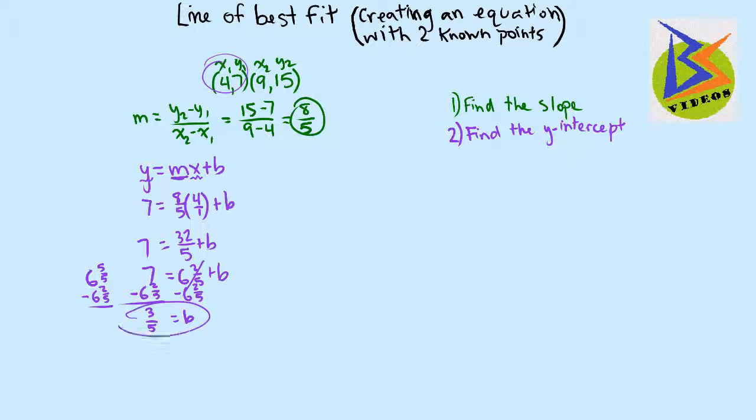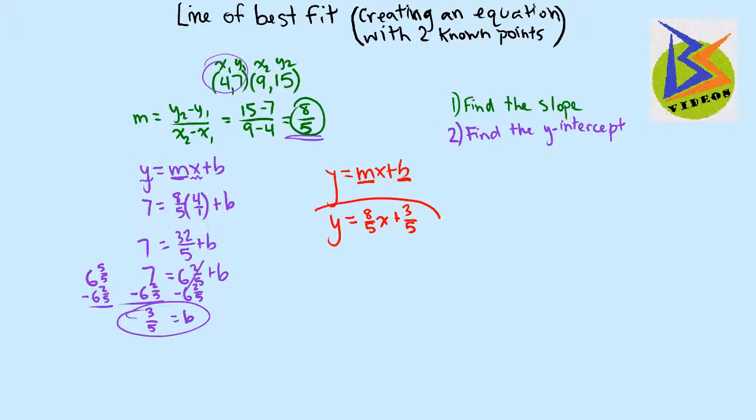So now we take this part, the y-intercept, we take our slope, and we put those two together. We come back to our y equals mx plus b. And we're just going to plug in our m and our b for this equation. And we're going to keep the y and the x because those are our general y and general x. And so we're getting the general form of this equation, y = 8/5 x plus 3/5.